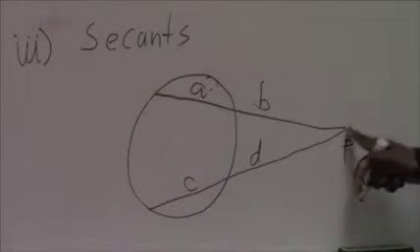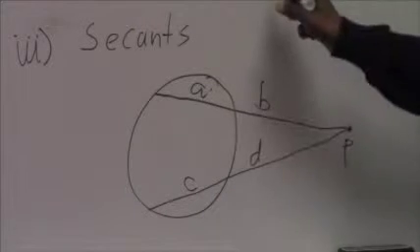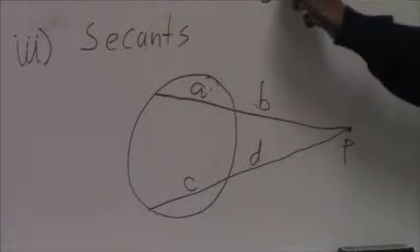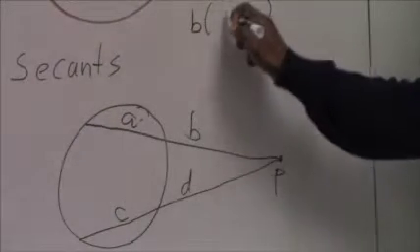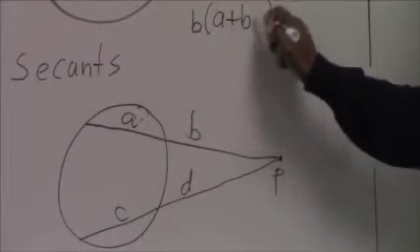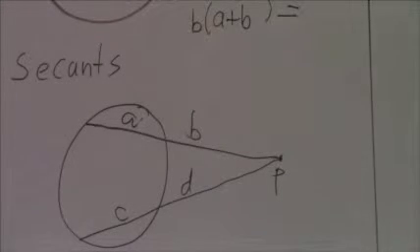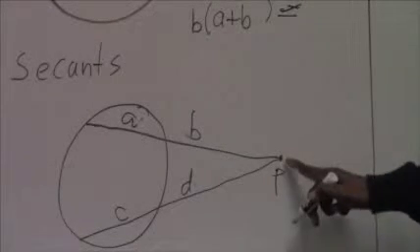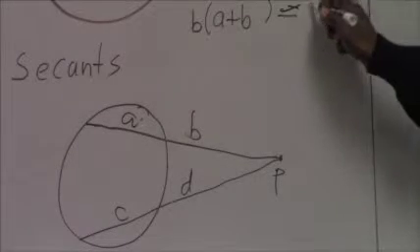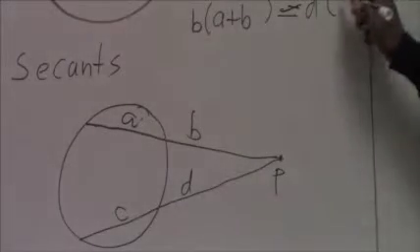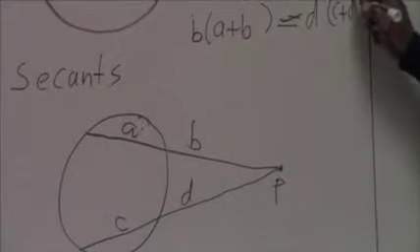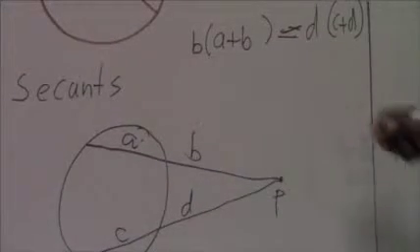The distance from this external point to the circle, which is B, times the total distance from this external point to that, which is A plus B, must likewise equal the distance from this external point to the circle, which is D, times the total distance, which is C plus D.